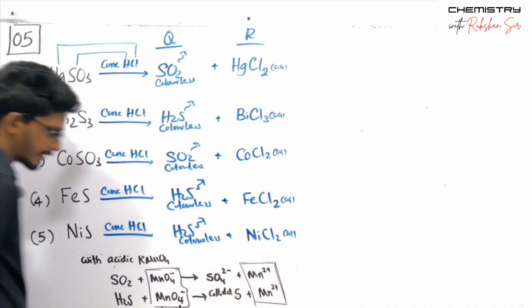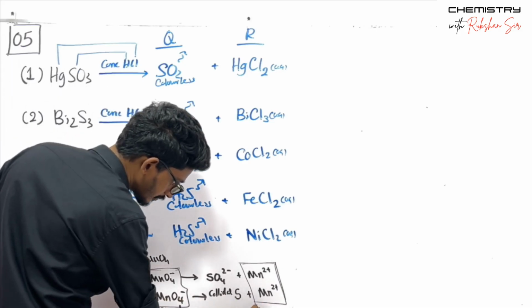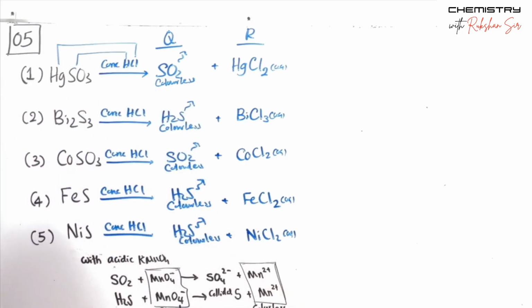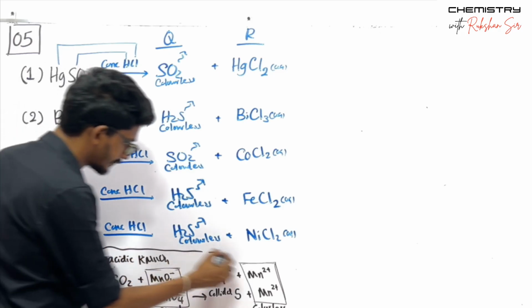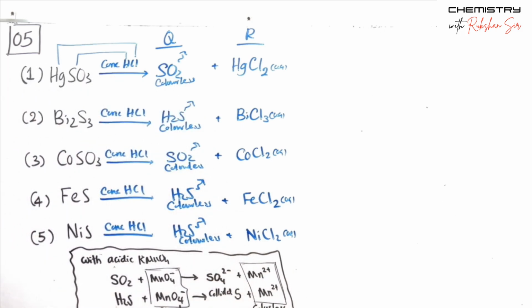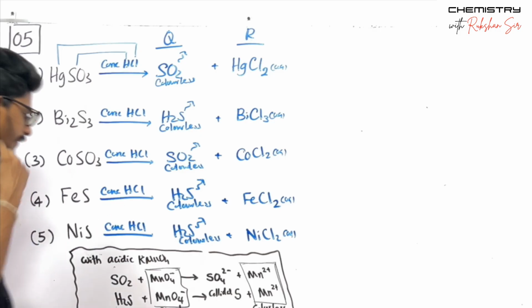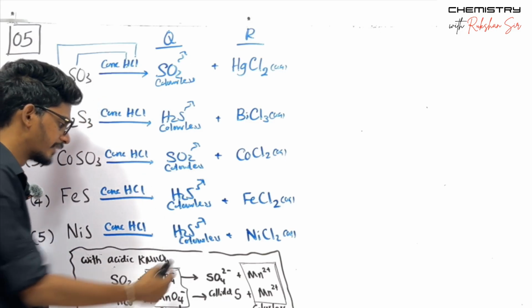They decolorize in acidic KMnO4. Both the gases do so. So the filter paper with acidic KMnO4, which is purple in color, will decolorize.